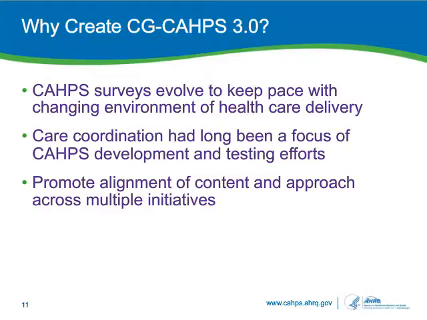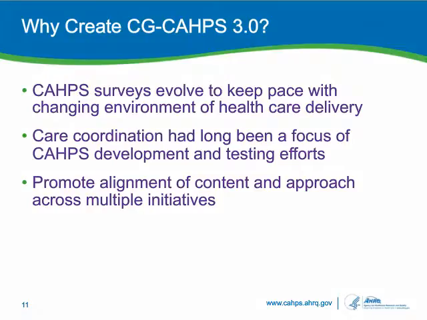Additionally, CG-CAHPS is used for many programs and initiatives, some of which are associated with the Affordable Care Act, as well as other national, state, and local quality initiatives. Having an updated common core across these initiatives and programs better meets the needs of users and is essential to promoting alignment across all of these important efforts.